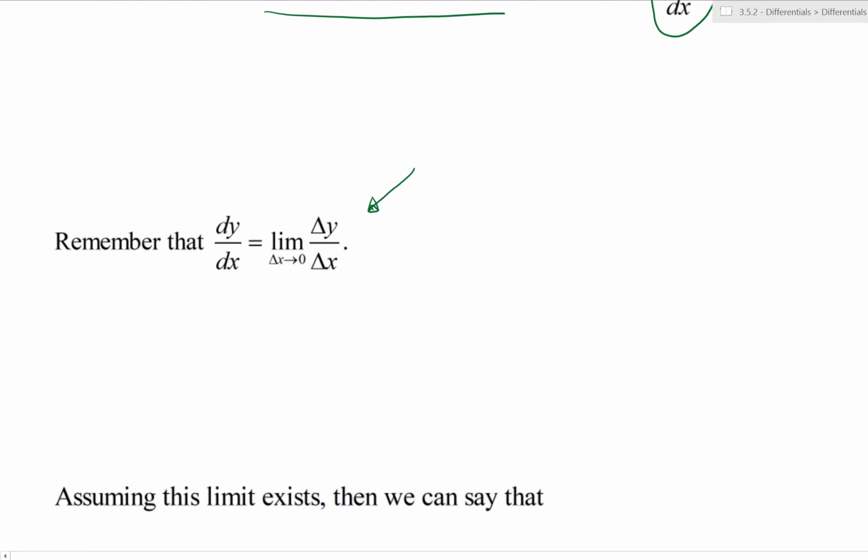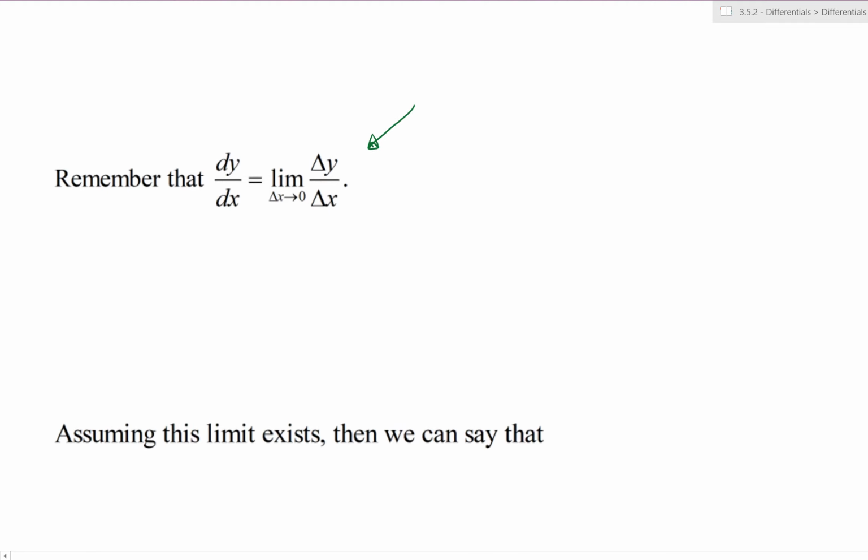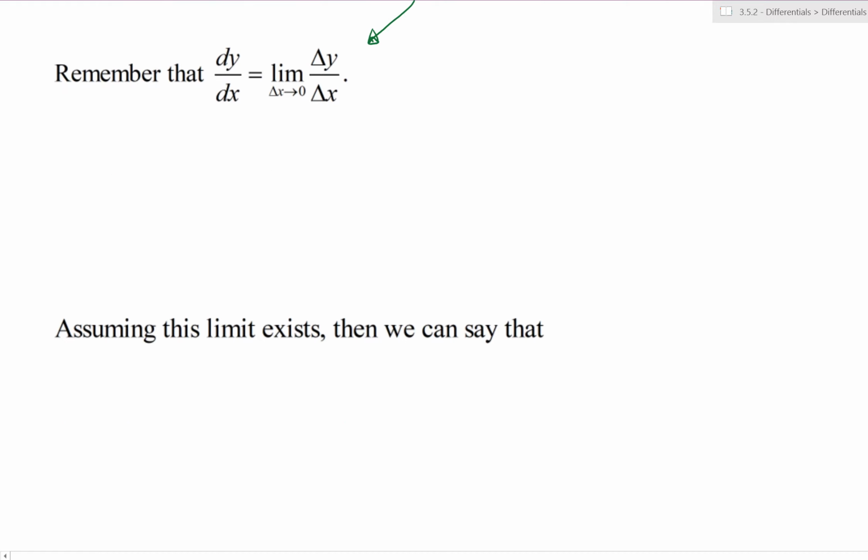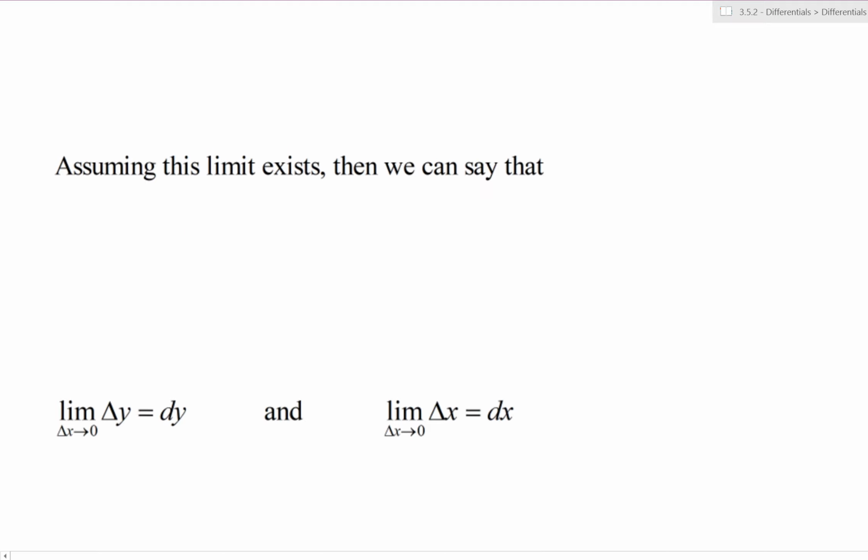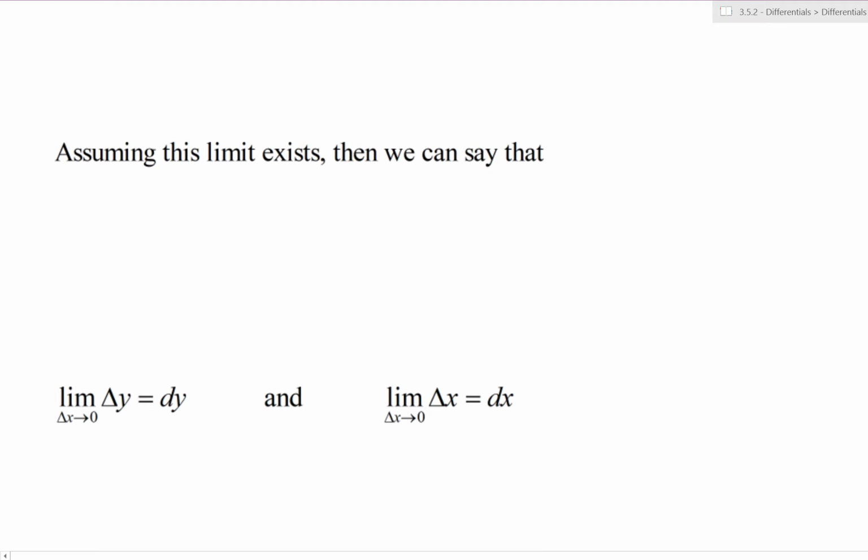Now, assuming that that limit exists, meaning the slope of the tangent line is defined at x, then we could define two different quantities here. As delta x goes to 0, the limit of delta y can be thought of as dy, and the limit of delta x can be thought of as dx.